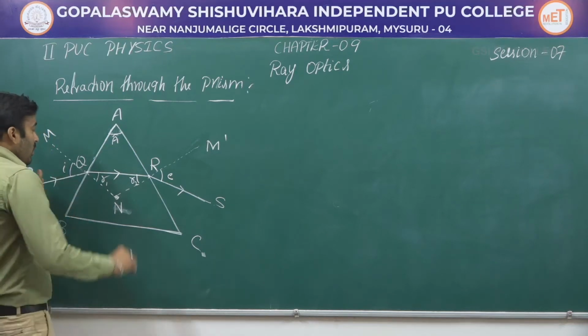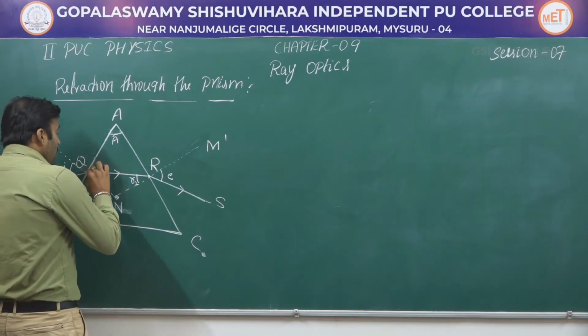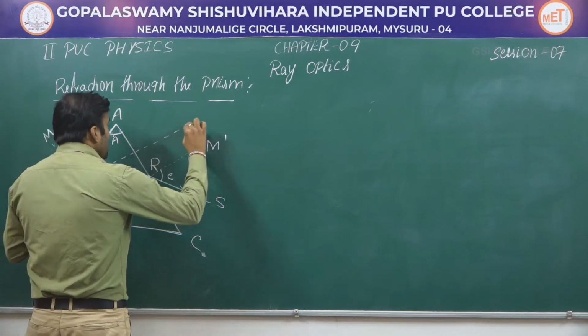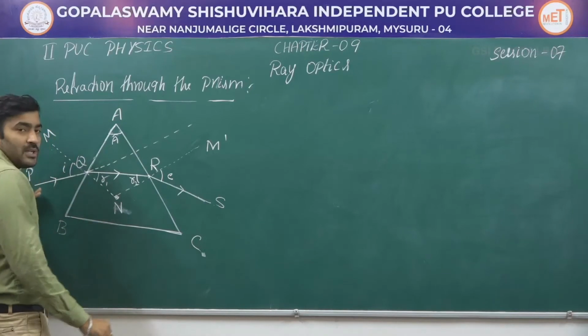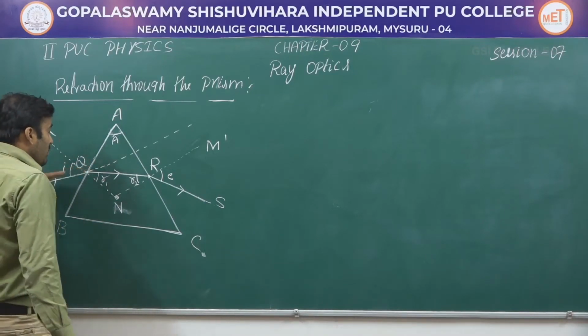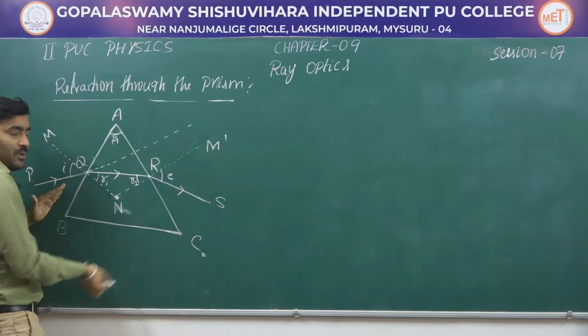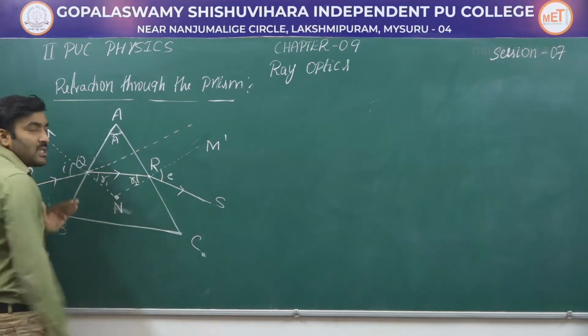Now, if I draw the original path of the incident light, it would go like this, correct? In the absence of the prism, the ray would travel like this. But because of the presence of the prism, the ray is deviated in this path.